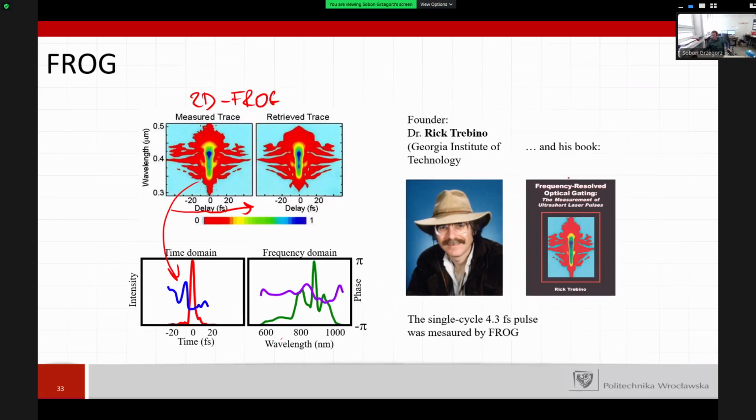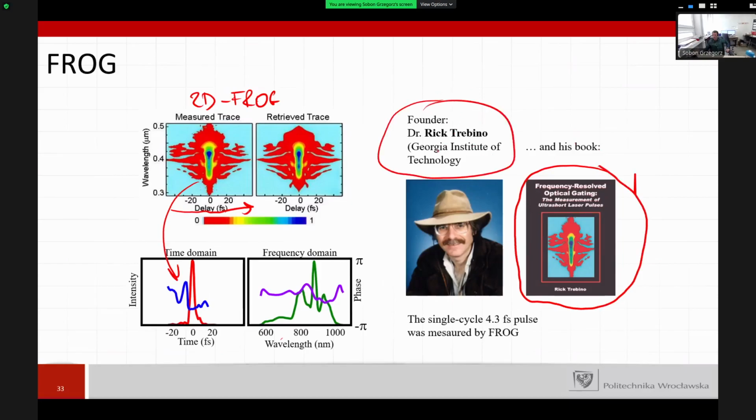If you want to know more details about FROG, I can recommend reading the book of Rick Trebino. He is one of the founders of the FROG technique. He wrote a very nice book about measurements of short laser pulses.